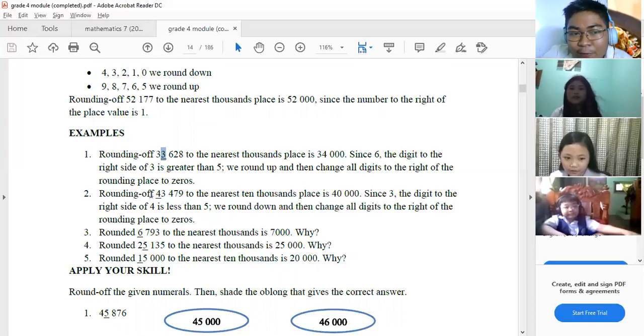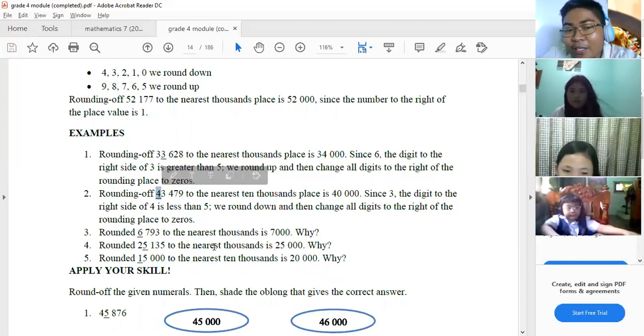Another example. Rounding off 43,479 to the nearest 10,000. We have ones, tens, hundreds, thousands, 10,000, 100,000. What is beside the 4? We have 3. Since it is only 3, are we going to round up or down?